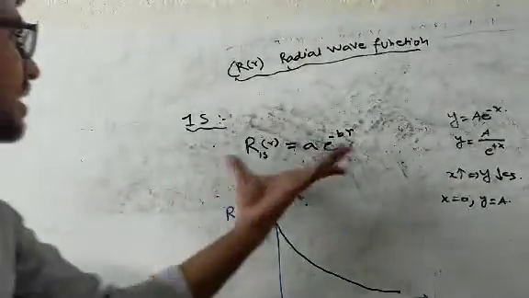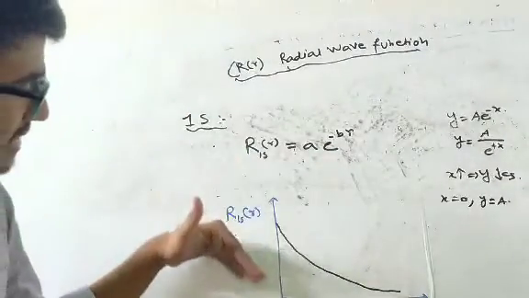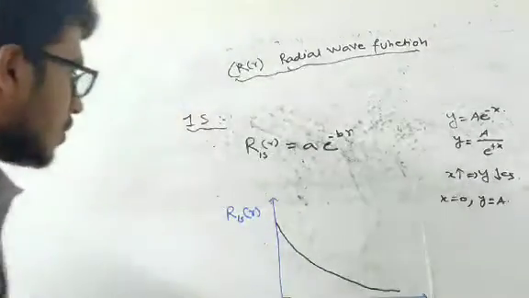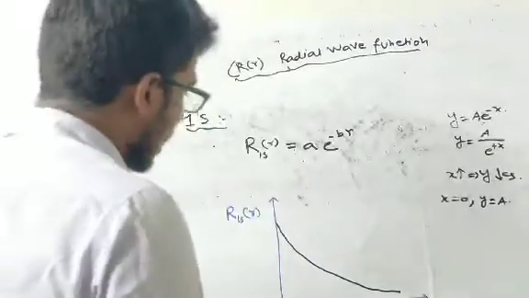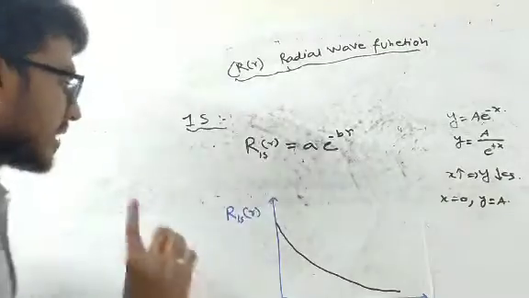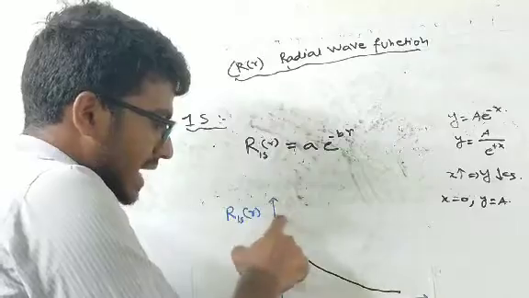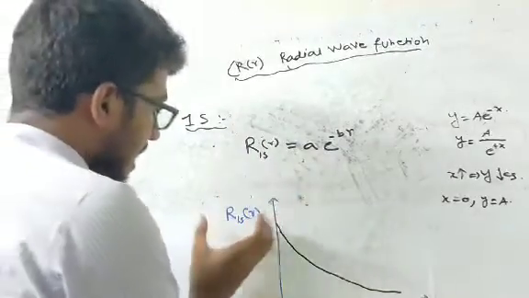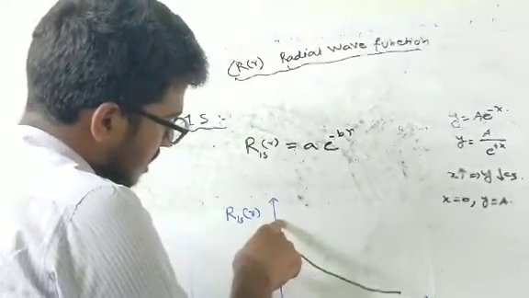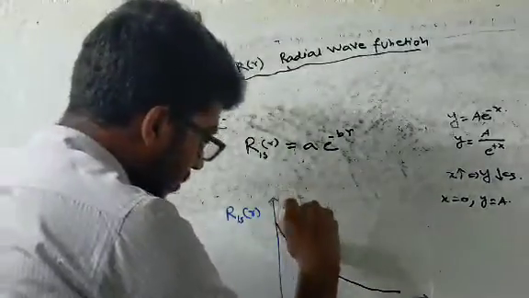So for the 1s orbital, the curve always starts from the y axis, and it goes down as r increases. In general, for any s orbital, the graph always starts from the y axis, that means from the radial wave function axis, and as r increases, the value of R decreases.